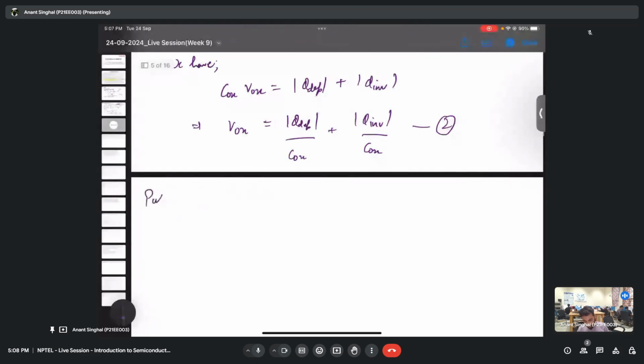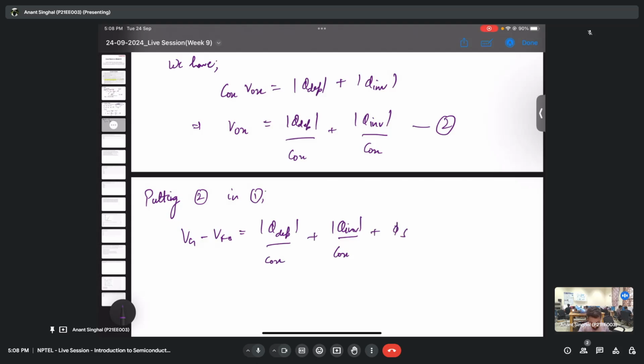So once I have this 2 in 1, what I can write is Vg minus Vfb is Q depletion over Cox plus Q inversion over Cox, and plus phi s, which is the surface potential.